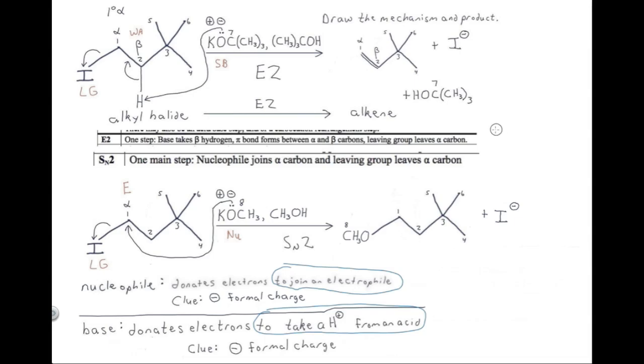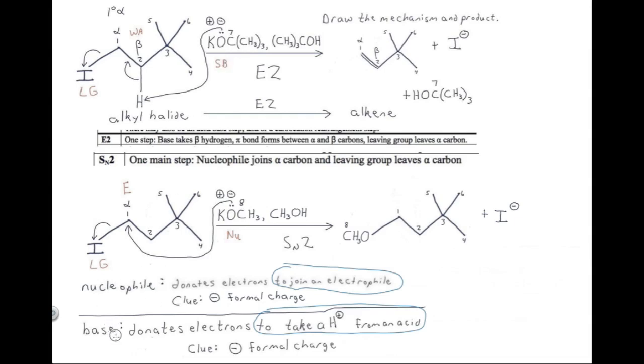To summarize, an SN2 reaction is similar to an E2 reaction because they are both one-step mechanisms. An SN2 reaction is different from an E2 mechanism because a SN2 mechanism uses a nucleophile, while an E2 mechanism uses a base.